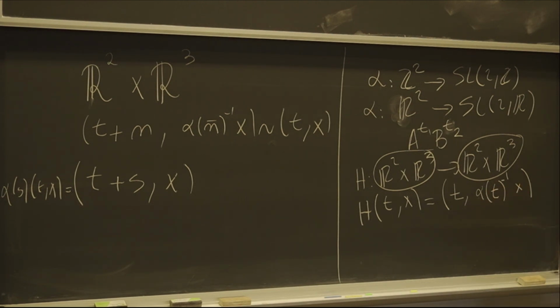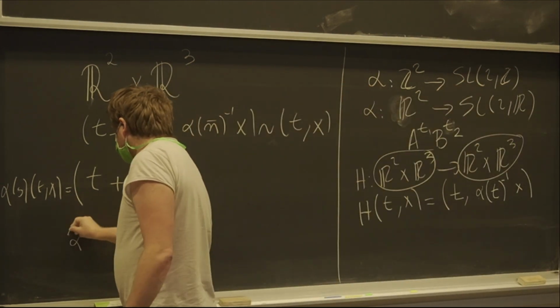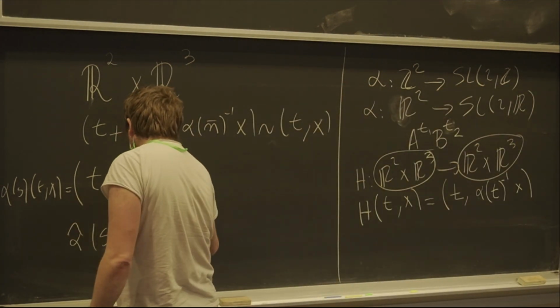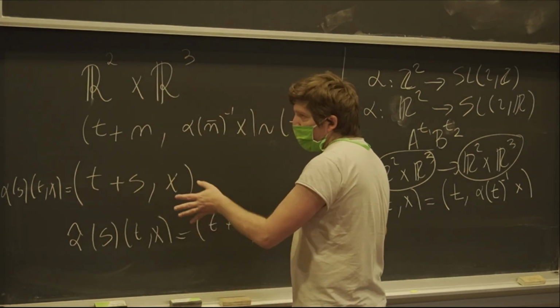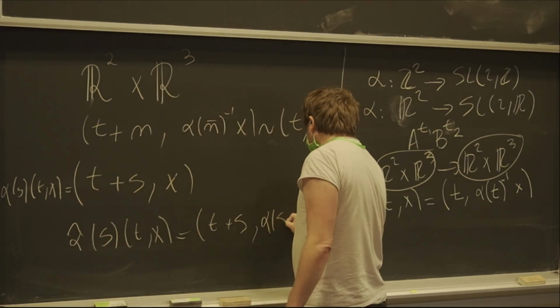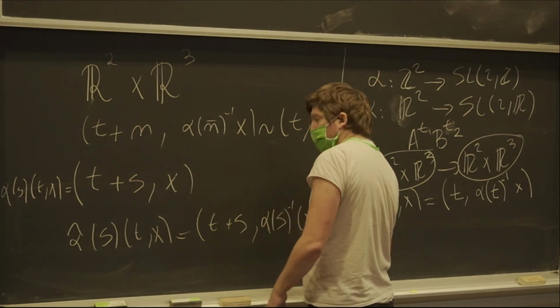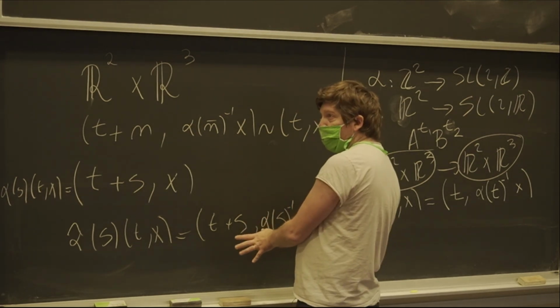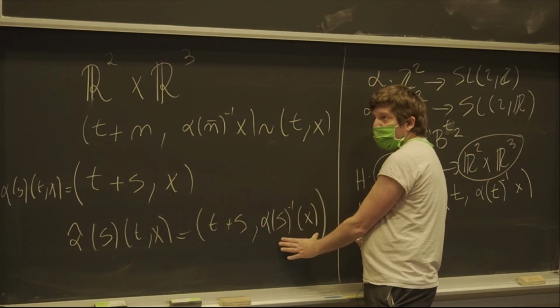So if you do the conjugacy, then the alpha hat S of Tx now becomes T plus S, and if I did things correctly, it will be alpha S, or maybe alpha S inverse. So that's the dynamic you are going to see now, where you actually see the diagonal matrix acting everywhere.